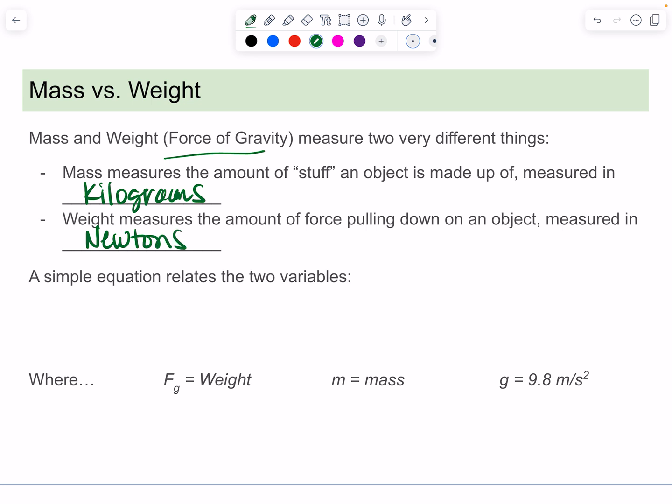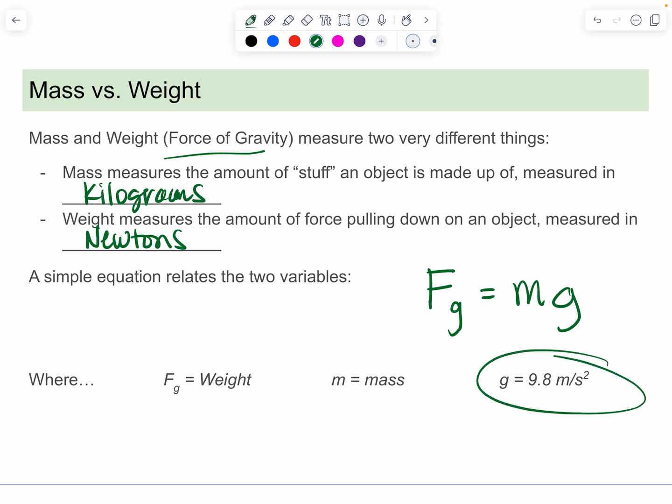And so a simple equation is going to relate those two, and that is force of gravity is equal to mass times gravity. Gravity, of course, being 9.8 meters per second squared. Whereas m is mass, and force of gravity can also be considered weight.